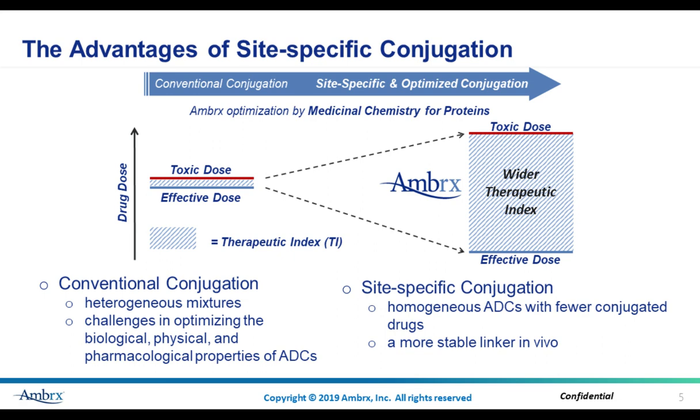The therapeutic window or index for many ADCs that are currently in preclinical or clinical development remains very narrow. Site-specific conjugated ADCs have eliminated heterogeneity and demonstrated better CMC properties, such as generating homogeneous ADCs with fewer conjugated drugs and providing more stable linkers in vivo. All of this can lead to a wider therapeutic index.